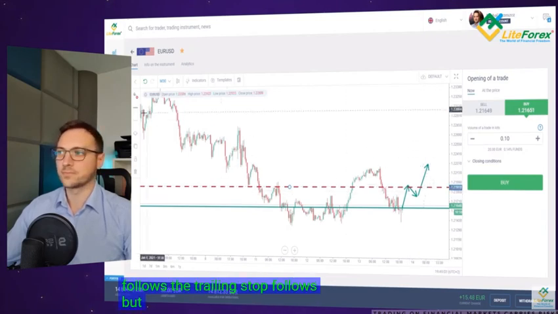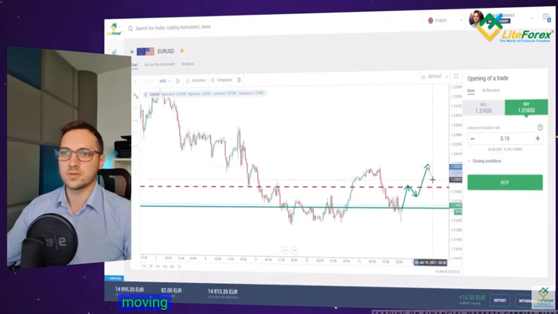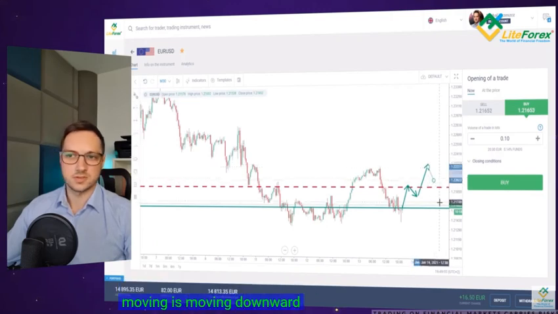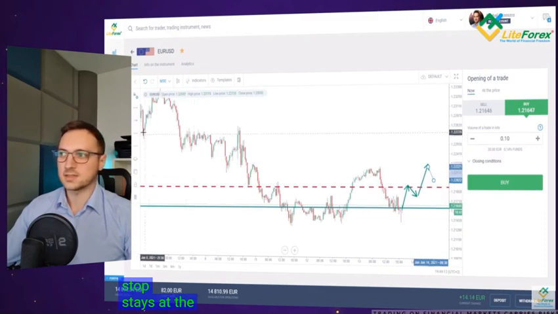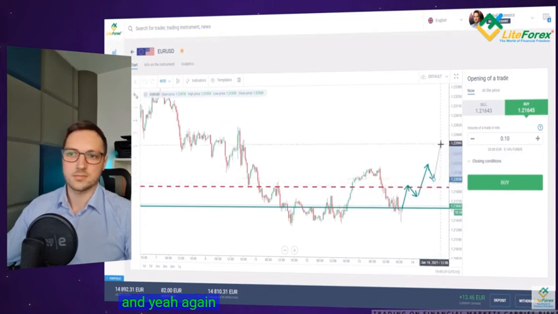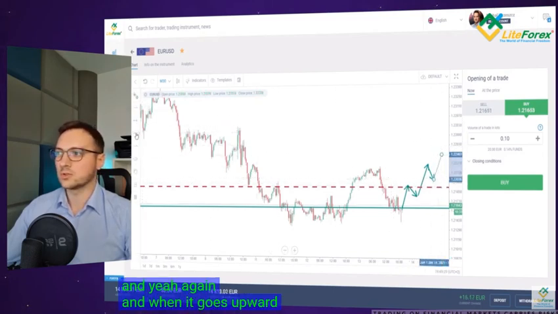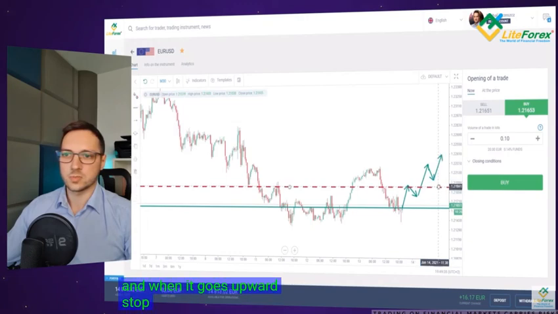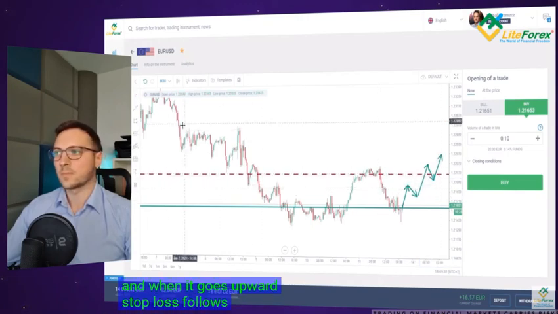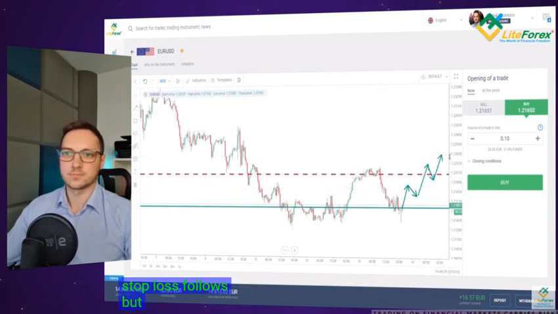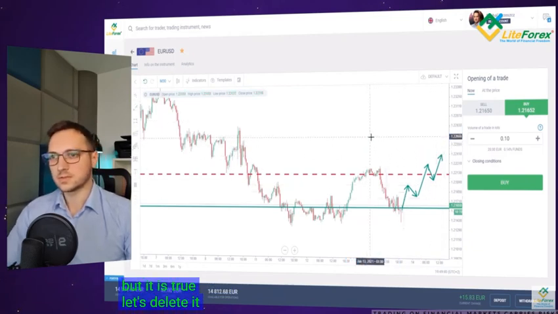But again, if the price is moving downward, the trailing stop stays at the highest level. And again, when it goes upward, the stop loss follows. Let's delete it.